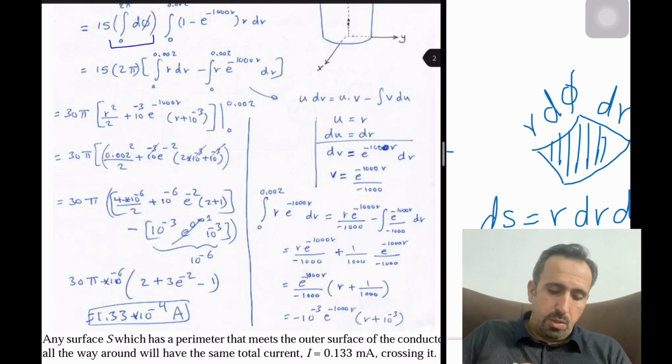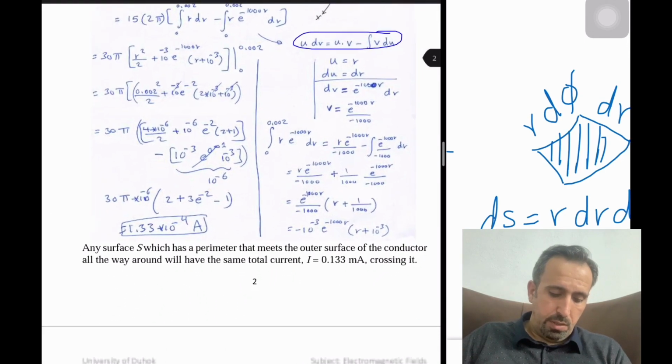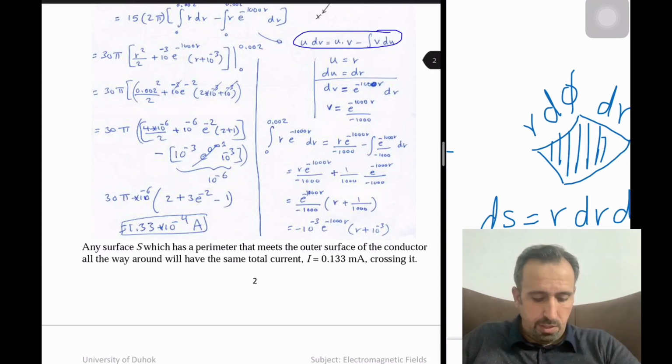You may have to apply it one or two times. At the end you get the answer, as shown here, 1.33 multiplied by 10 to the power minus 4 ampere.